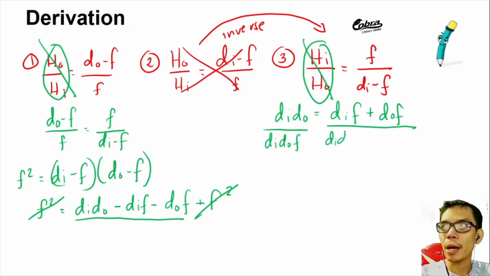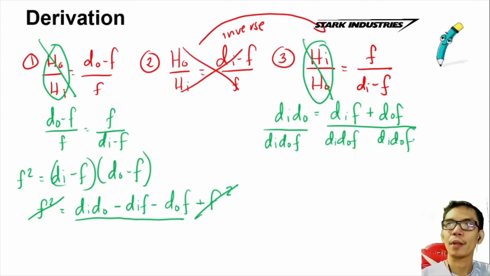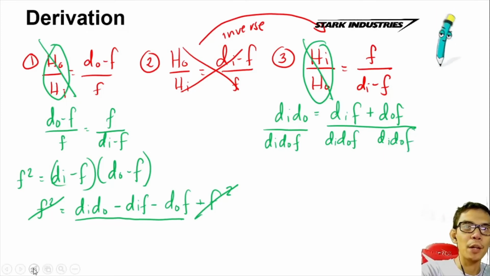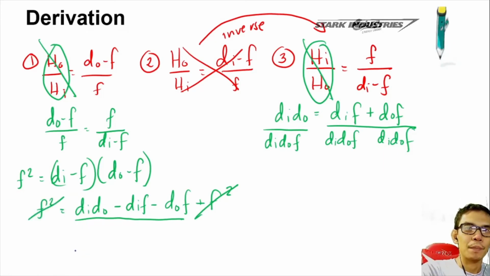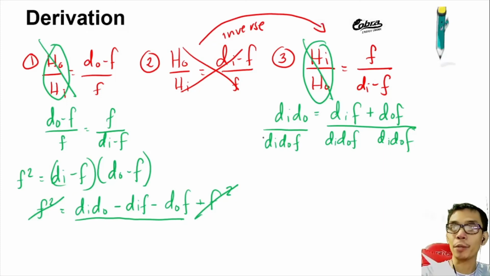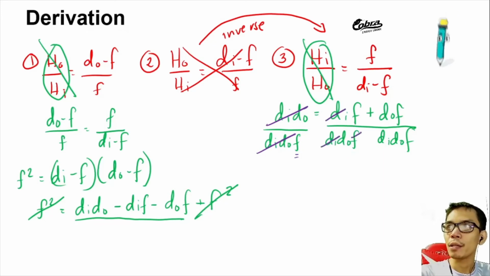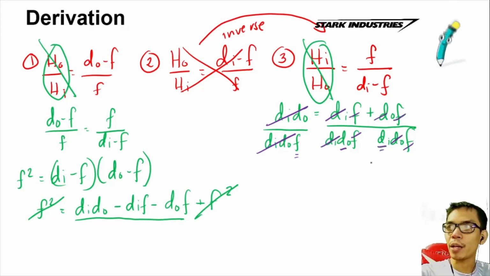And we can cancel similar terms. What is left behind is f here. Then cancel d sub I, and also with the f, d sub O remains. Next one, d sub O, and also the f, d sub I remains.